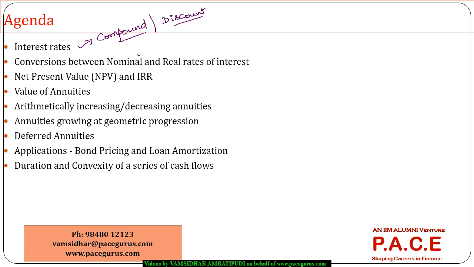The nominal rates of interest primarily, especially when we are talking about compounding frequencies, multiple compounding frequencies are there, right? Let's say the compounding happens twice a year or quarterly.